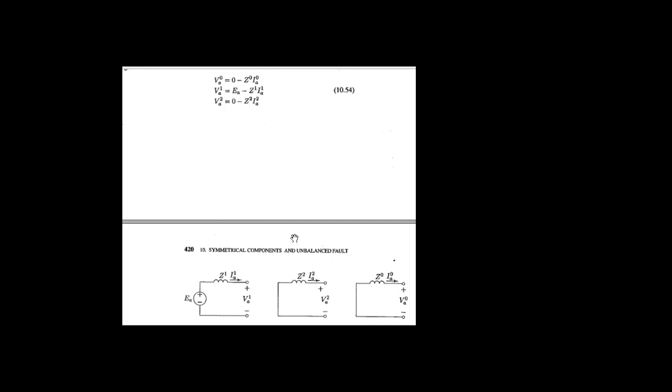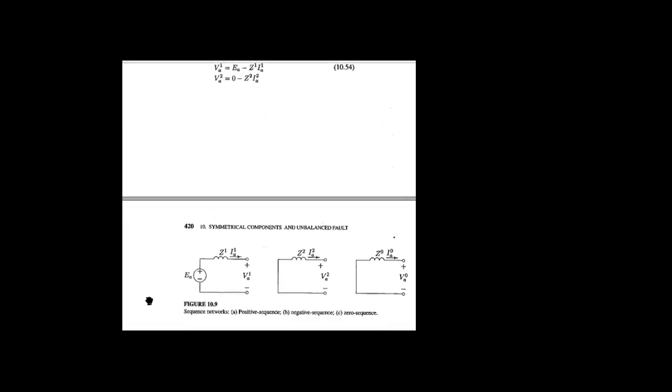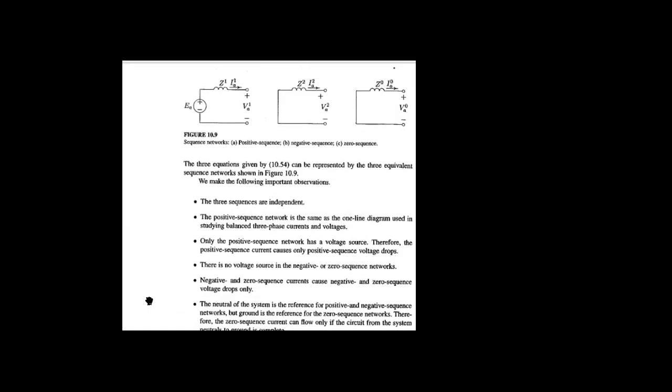If you have been given any three-phase circuit, the sequence components of that circuit will be in terms of sequence networks: positive sequence network, negative sequence network, and zero sequence network. Okay, is it clear?